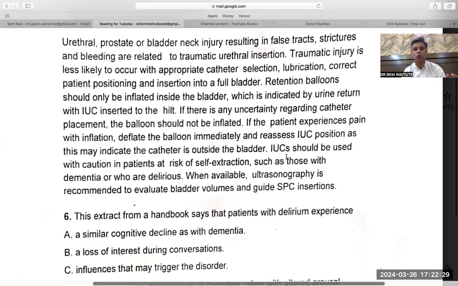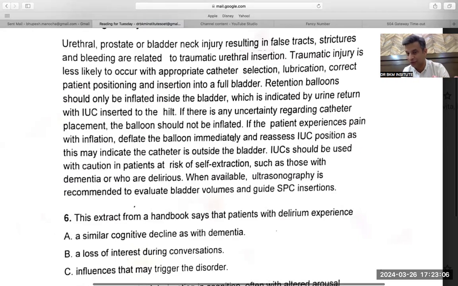Indwelling urinary catheters should only be used with caution in patients at risk of self-extraction, such as those with dementia or delirium. They can do the extraction themselves. That is where you need to be aware. When available, ultrasonography is recommended to evaluate bladder volumes and guide SPC. So overall, they are talking about how to insert the catheter in the right way and how to prevent injuries due to catheter insertion.